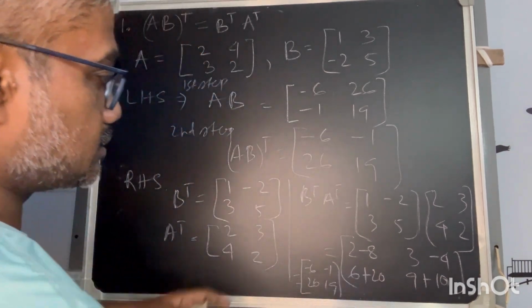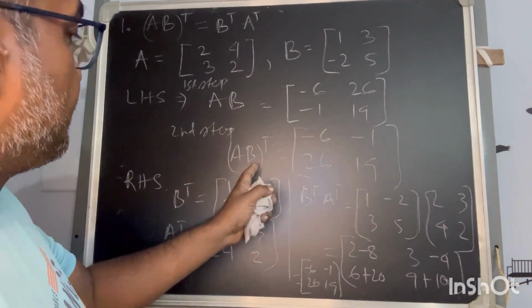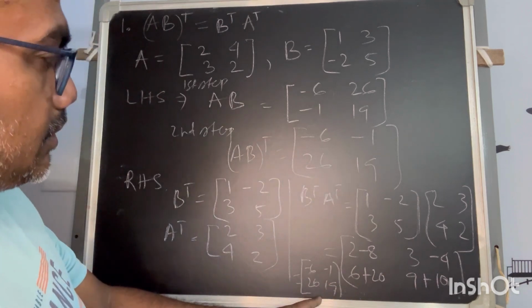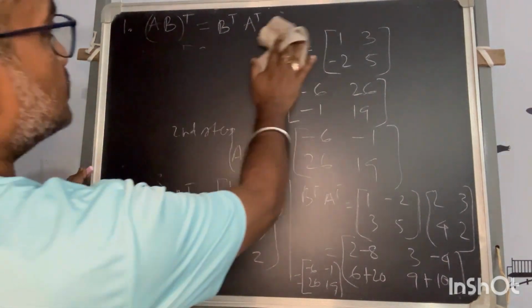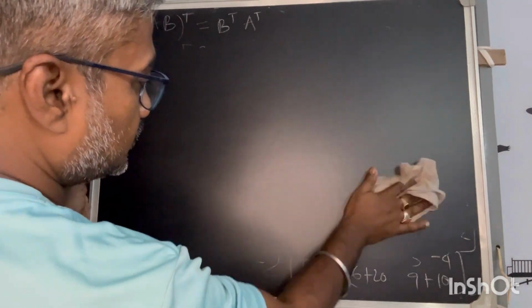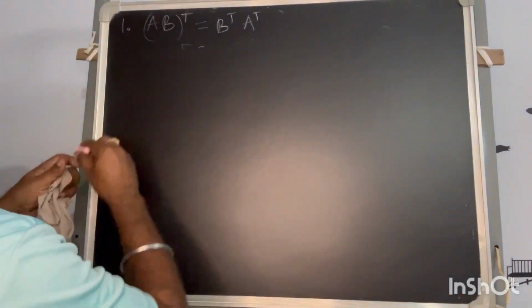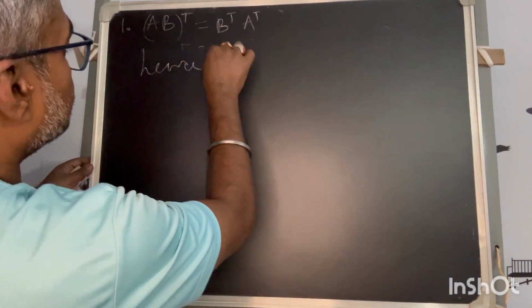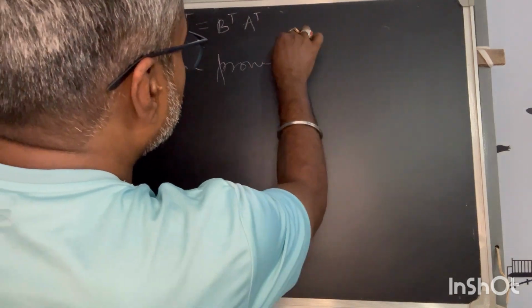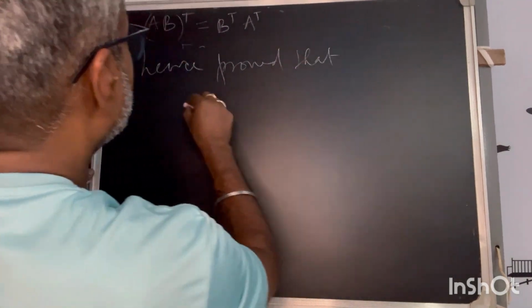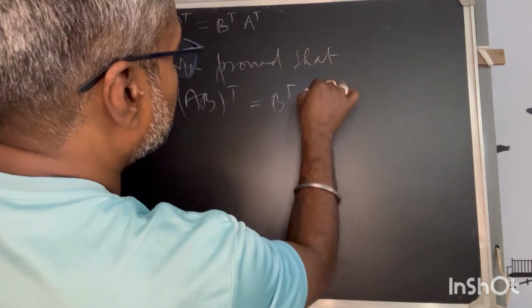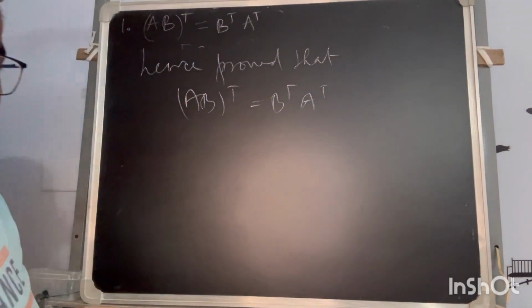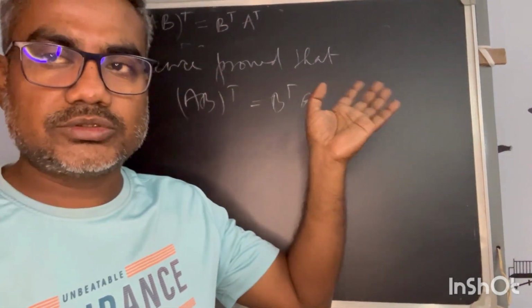Now you see this matches the transpose of AB. Hence proved that (AB) transpose is equal to B transpose A transpose.